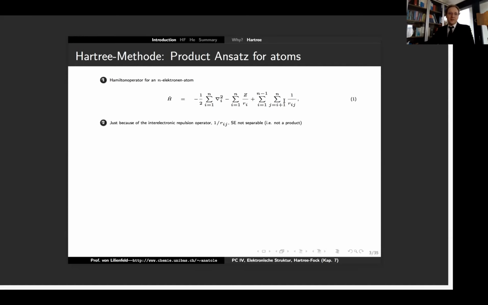So just because of this inter-electronic repulsion operator, you cannot really write the Schrödinger equation as a product of wave functions for every electron. So that's what's so annoying about this inverse Coulomb operator for the electrons.